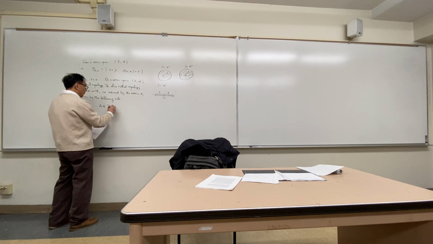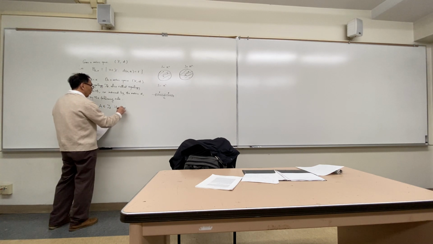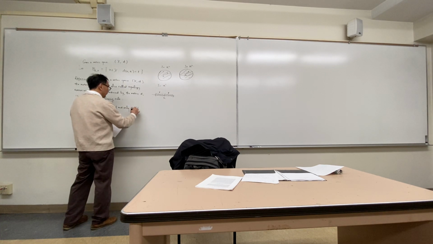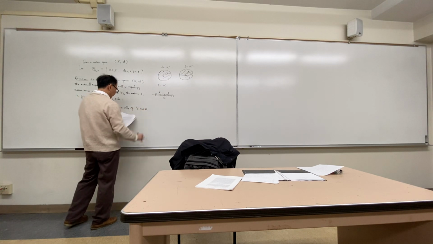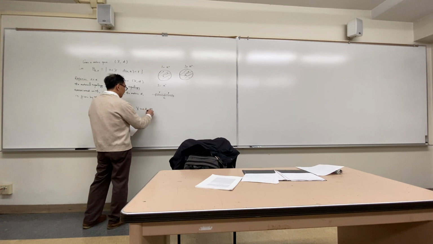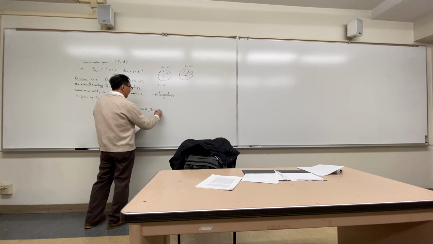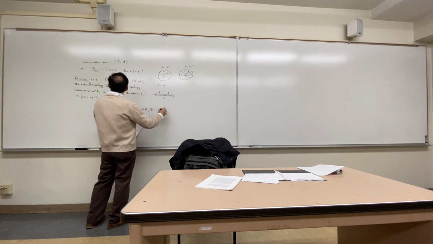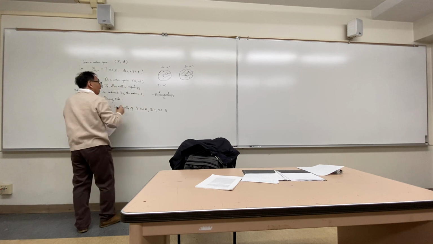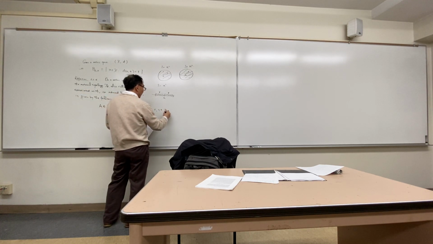So that is, if and only if for any x belongs to A, we can find an open ball. There exists an r such that the ball of radius r, center at x, B_r(x), is contained in A.